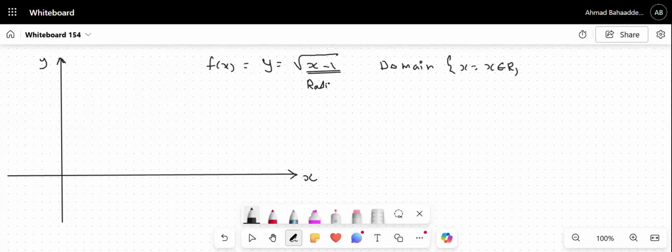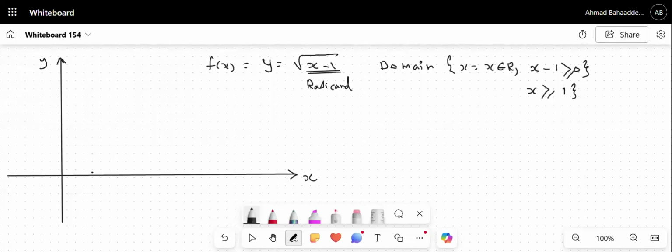That's what we name it, radicand, and we make that greater or equal to 0. So greater or equal to 0 because it's in the numerator. So then I can say that this is going to lead that x is greater or equal to positive 1. I close the domain in here, just to let you know that.